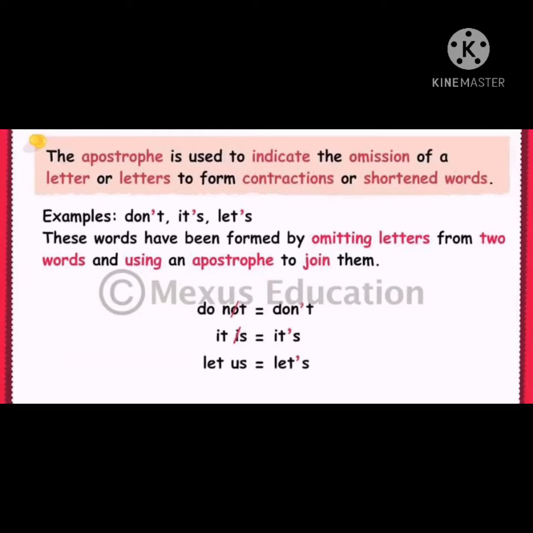In the same way, my third word is let us, again made up of two words, but I'll omit the u from the word us, and I'll shorten the word, that is let's, by adding an apostrophe in place of that u. So in this way we have seen two places where we can use the apostrophe, that is one is contraction and the other is belonging. And in this way we have also seen all 7 types of punctuation marks.